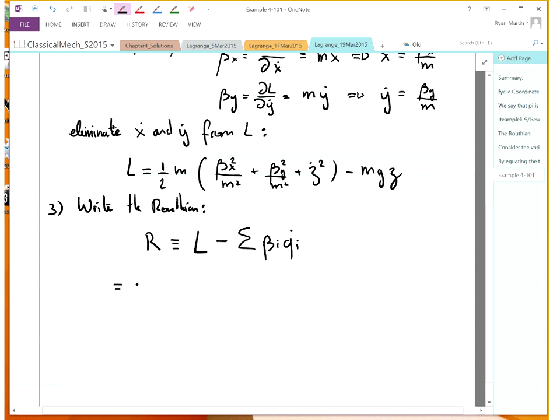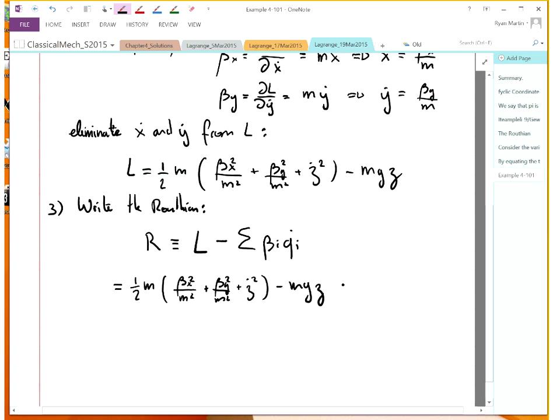So that's equal to L. So let me just write L. I have a half m, and I have a beta x squared over m squared, I have a beta y squared over m squared, and I have a z dot squared, and I have a minus mgz, and now minus this sum.